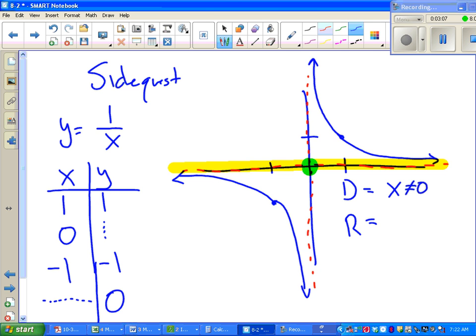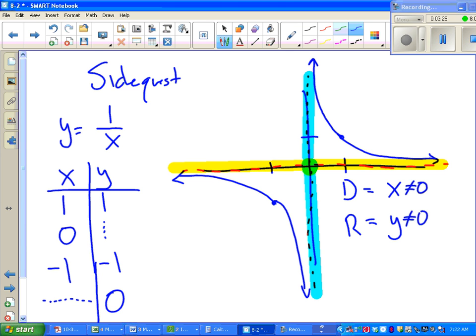Something similar happens for y. I notice I can go up forever, down forever, but I can never actually have y equal 0. And these 2 exclusions for the domain and range always match up with the shift. And we'll see a shift shortly.